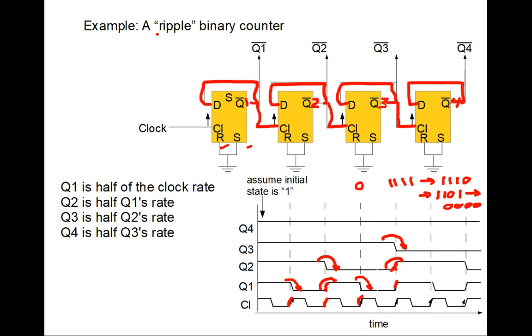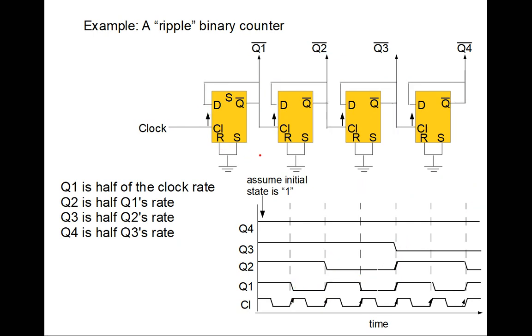The only issue with this counter is that the counter is rippling. And rippling means the following. When this value changes state here, this value on the next one will change state a few nanoseconds later. This value changes state a few nanoseconds later, and this value changes state a few nanoseconds later.